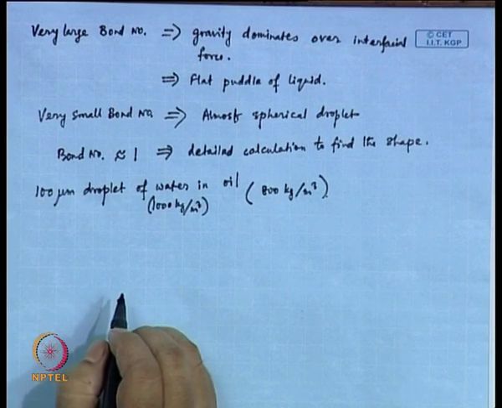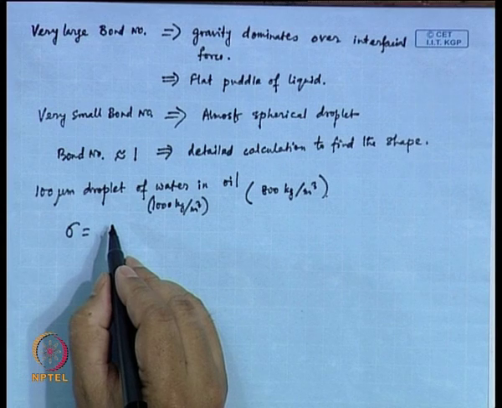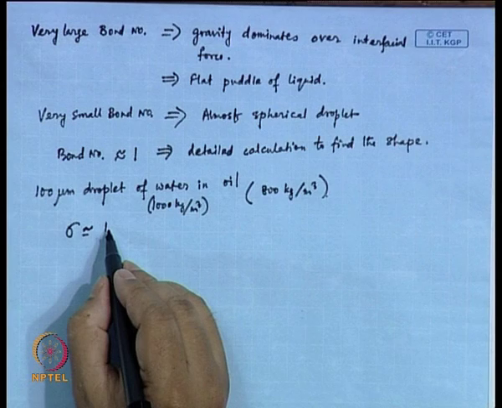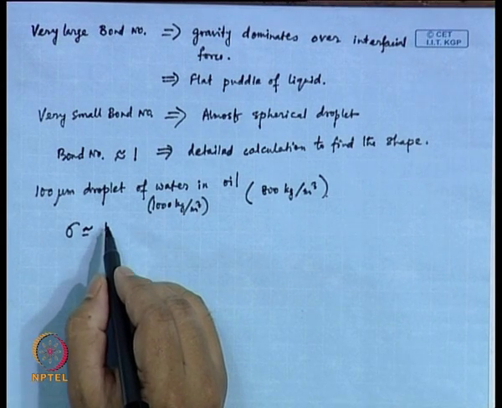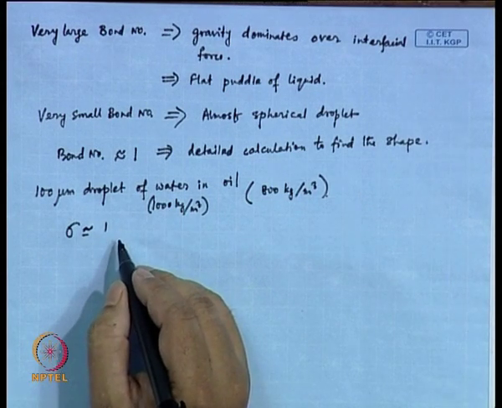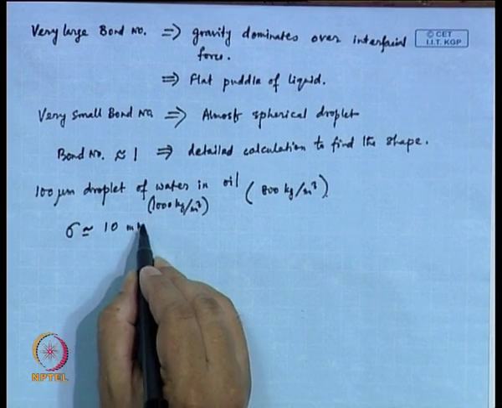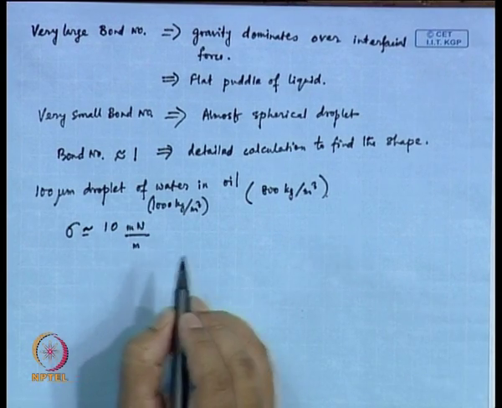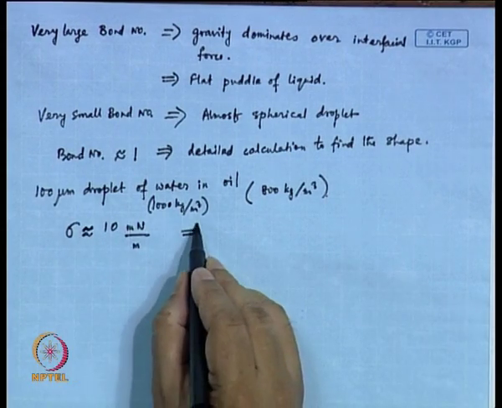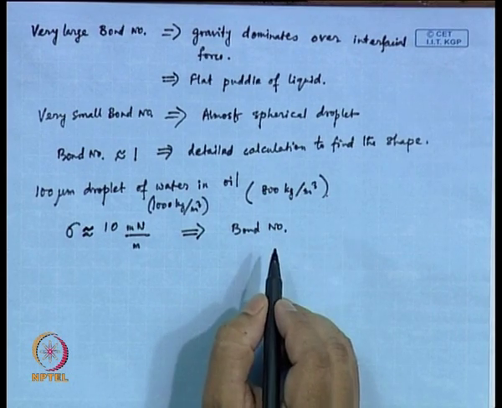And if you assume the sigma to be of the order of, say, 10 millinewton per meter, what would be the Bond number in that case?